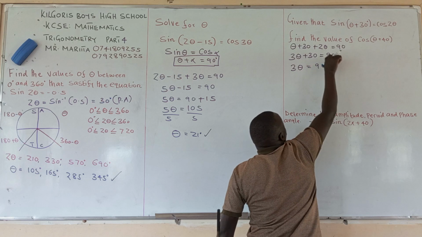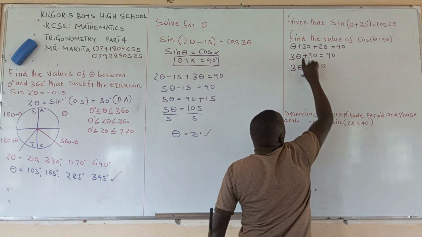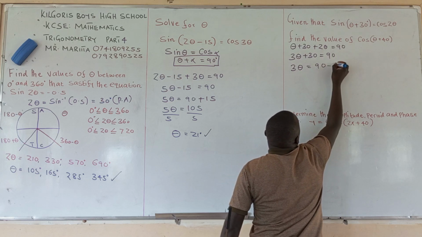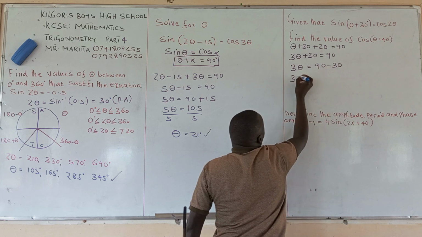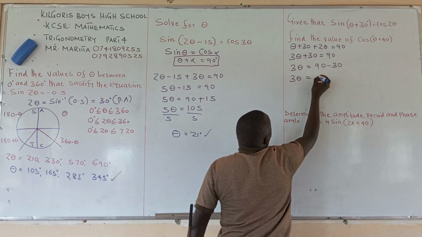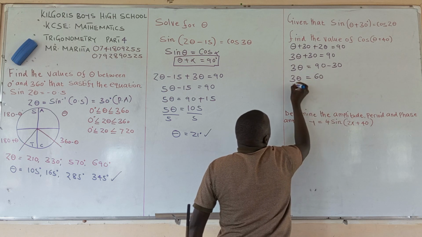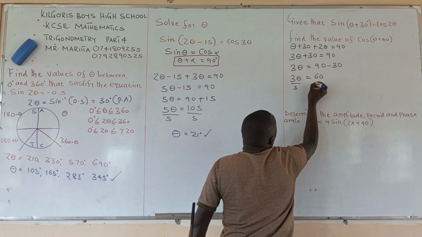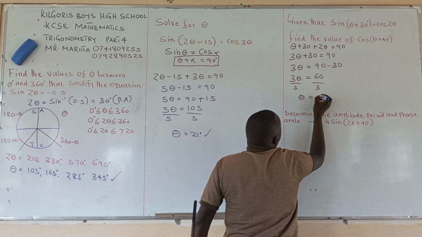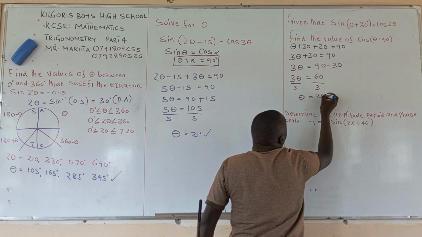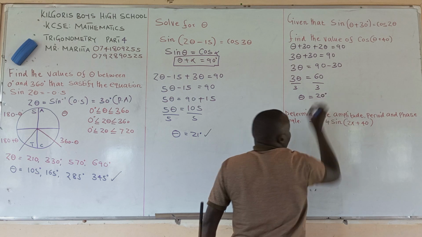We are transferring this 30, which is positive. When it crosses the equal sign, it becomes negative. So we subtract 30, and we have 3 theta equivalent to 60. You divide by 3, and this one you divide by 3. So our theta in this case is equivalent to 20 degrees.